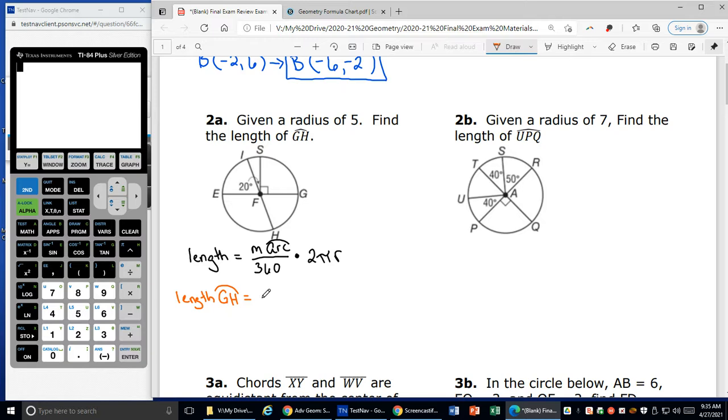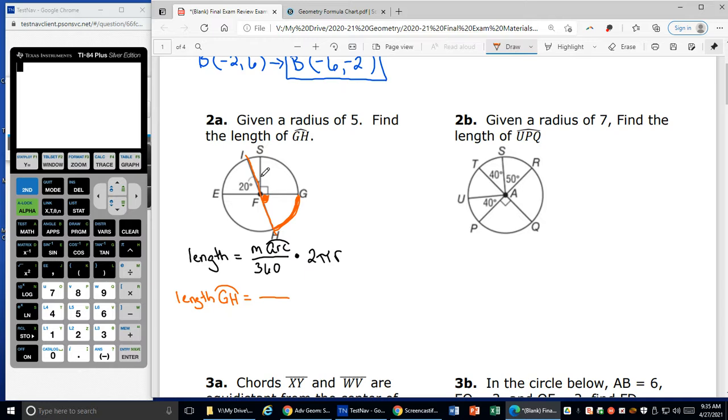so that means that first I need the measure of arc GH. So arc GH is this arc right here because it's only 2 letters, so it's the shortest distance around. So I need to know how big just this little angle here is. Okay, I do have a diameter here because it goes through the center, so I know there's 180 degrees.